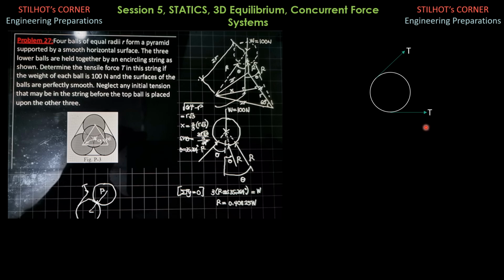This is the original system, but we can add equilibrium forces at any point on the body. So let us say at the center, like that, parallel to this T here, horizontal. That does not change the effect of the original system.